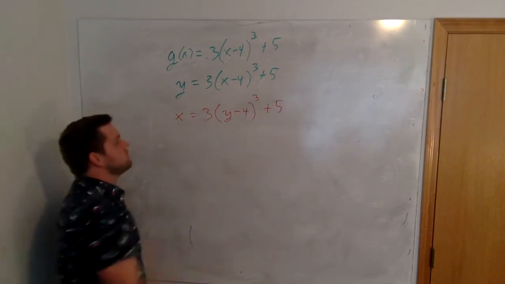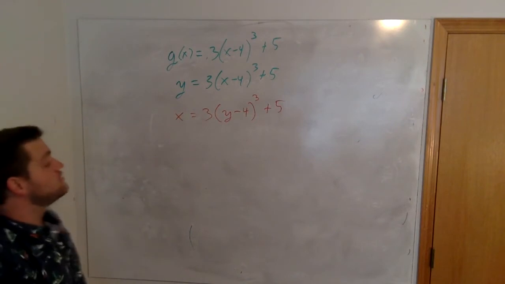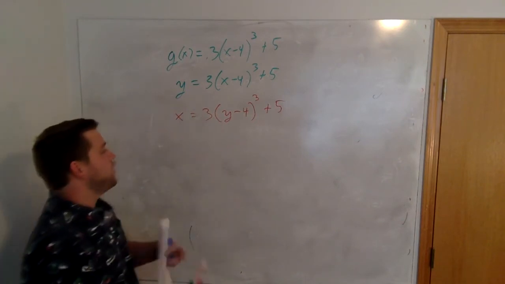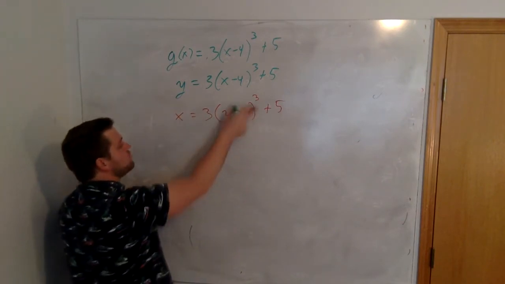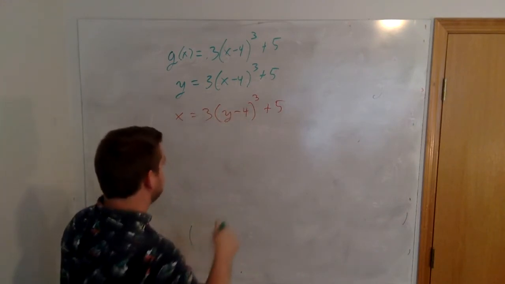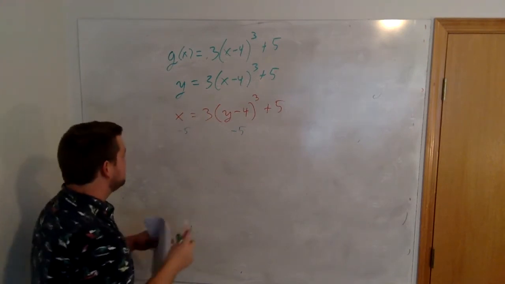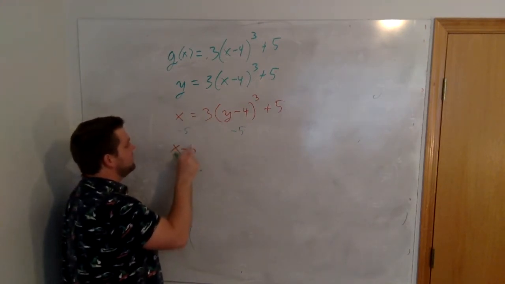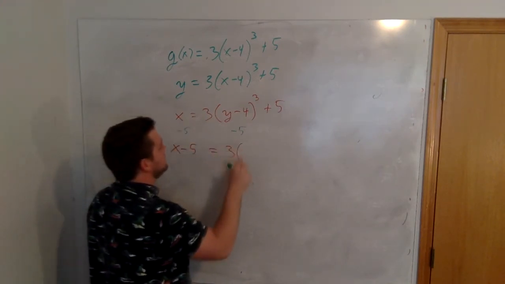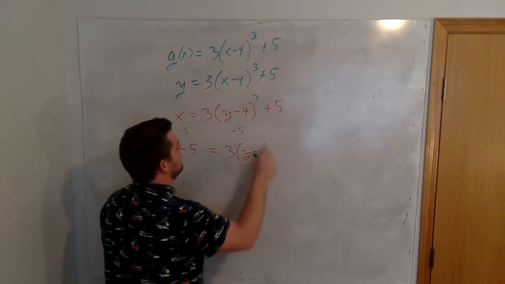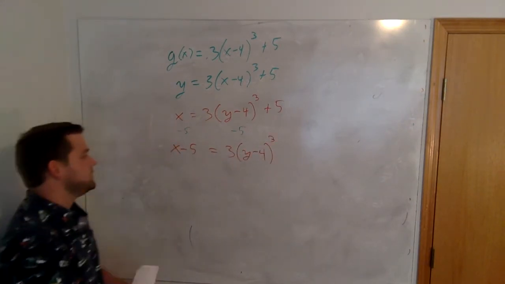So this is now the inverse function. And now what we want to do is solve for y. So I'm going to try to isolate this (y minus 4) cubed piece. To do that, it looks like we could subtract 5 from both sides. So we'll get x minus 5 is equal to 3 times (y minus 4) quantity cubed.